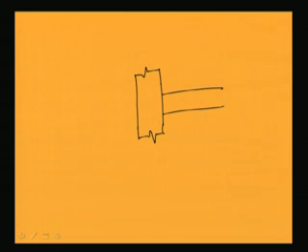Before going to show the problem, suppose we have a column and we have a bracket here, right. Now, suppose this is circular and some torsion is given.